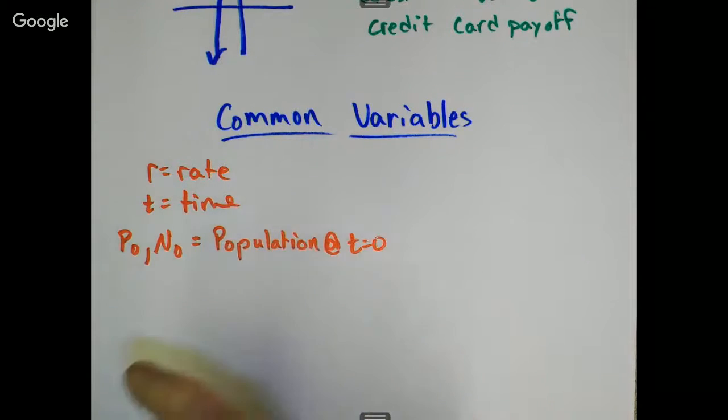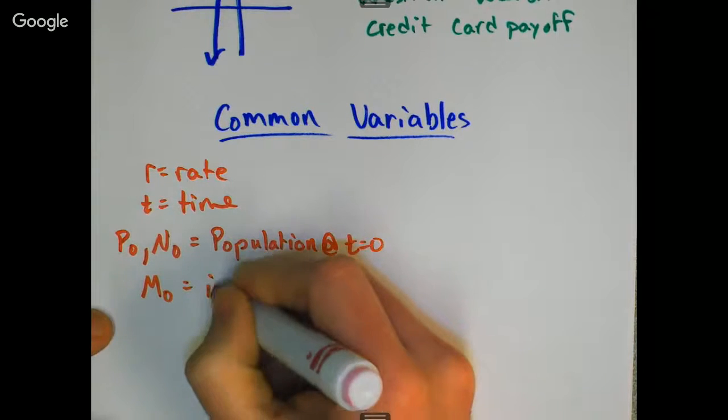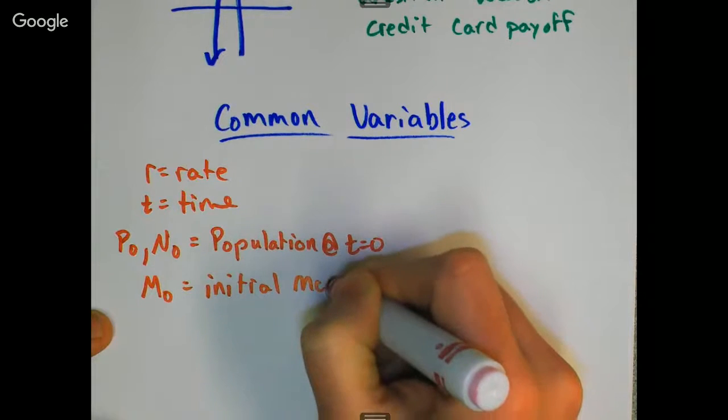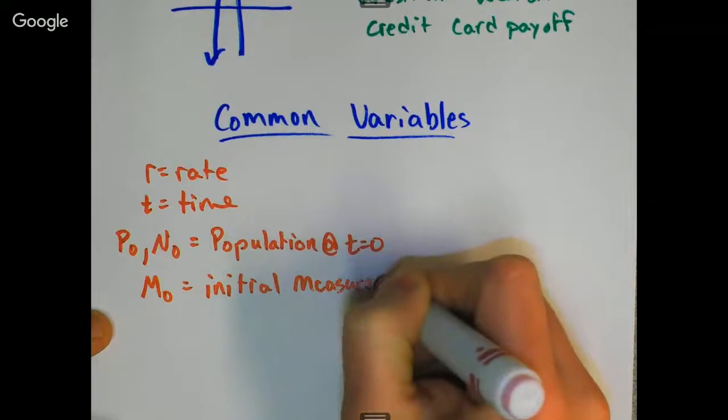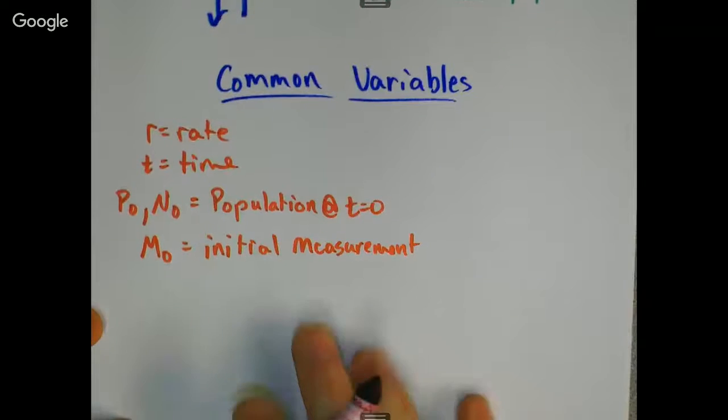Or your starting population. We have M naught, which is the initial measurement or measurement at time 0. We can say those all different ways.